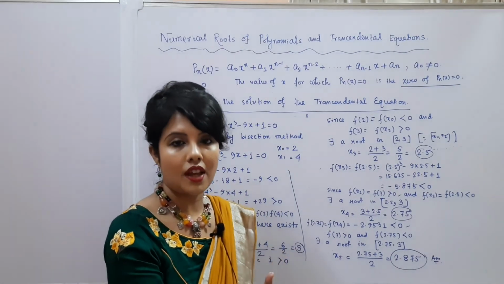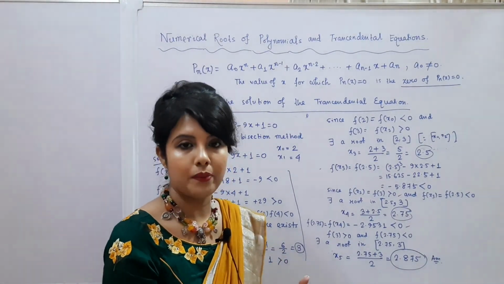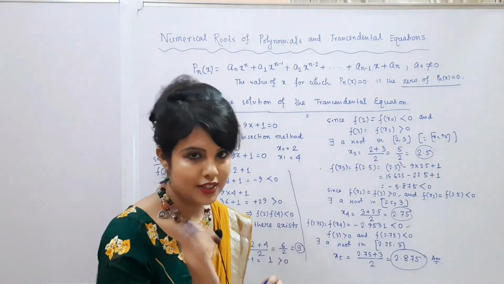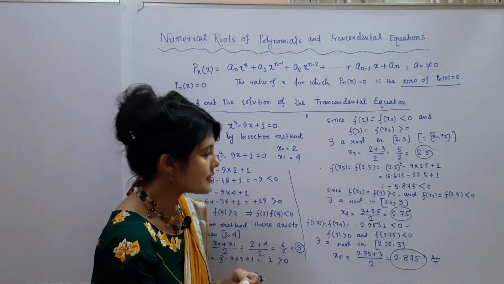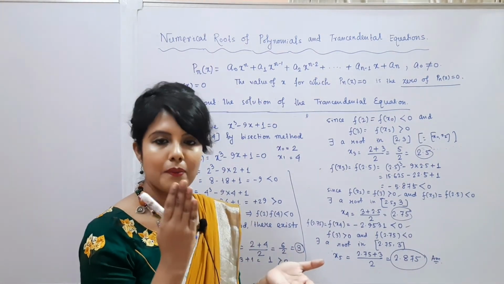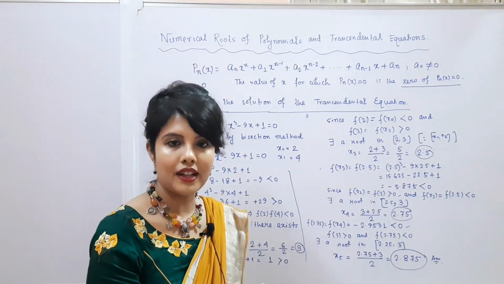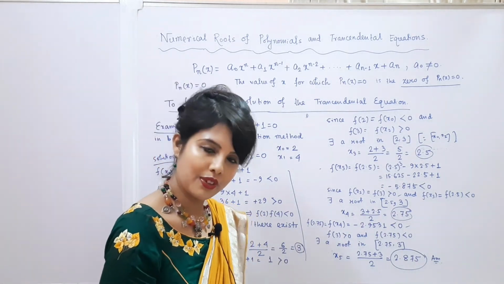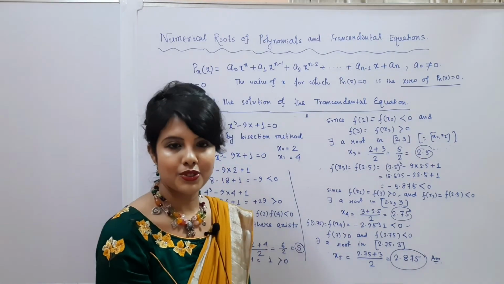How many steps you go depends on the accuracy of the roots. The essence of the method is that you bisect the interval again and again to get a more appropriate root. I hope you have understood this problem.